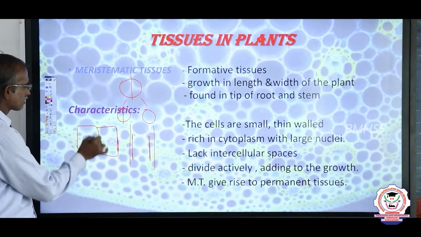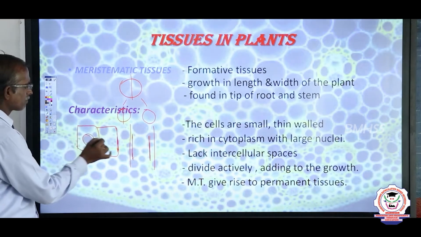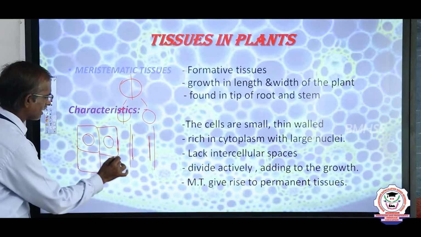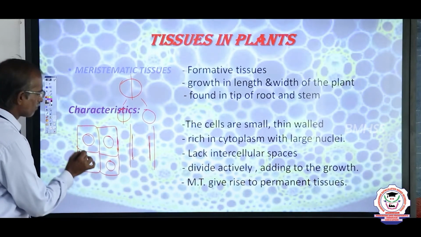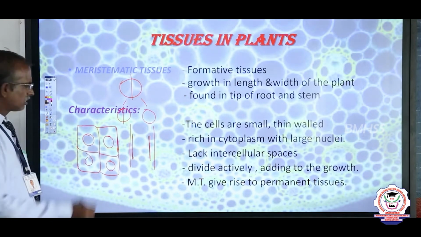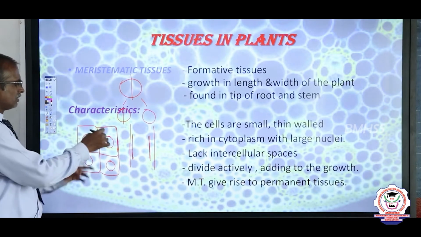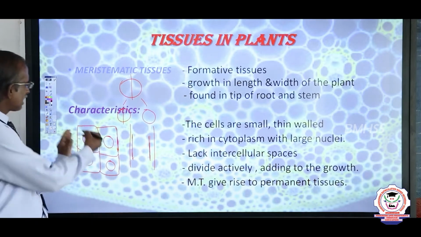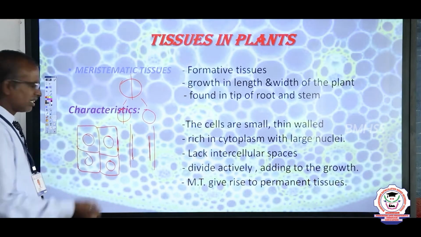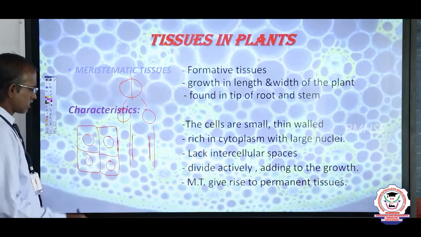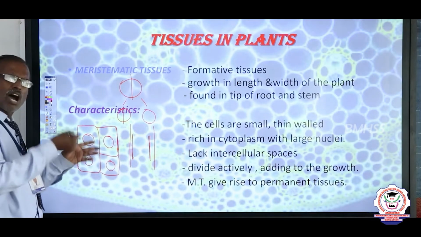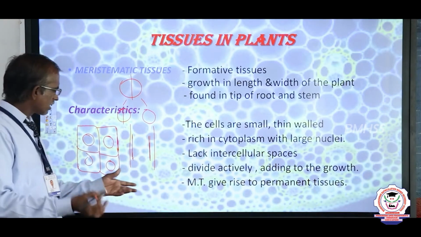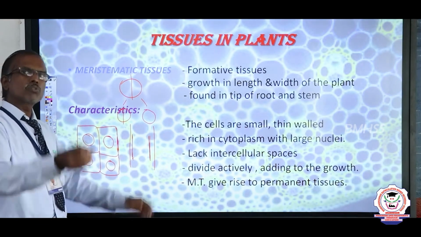They have rich cytoplasm and a prominent, big nucleus. They lack intercellular space; between the cells there is no gap. The cells divide very actively and add to the growth of the plant.